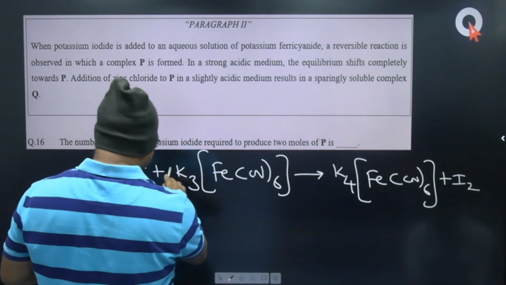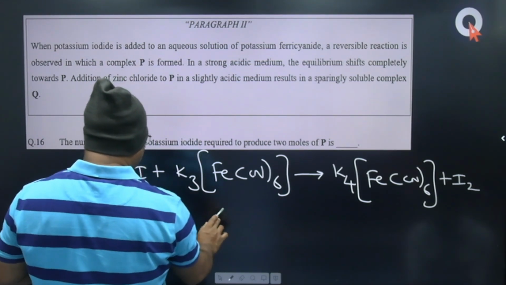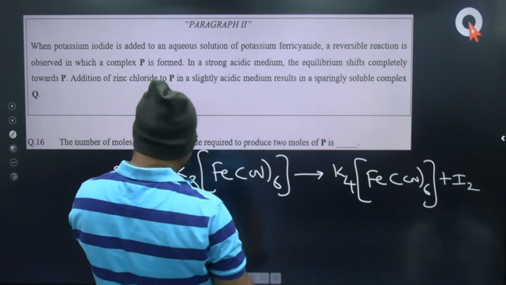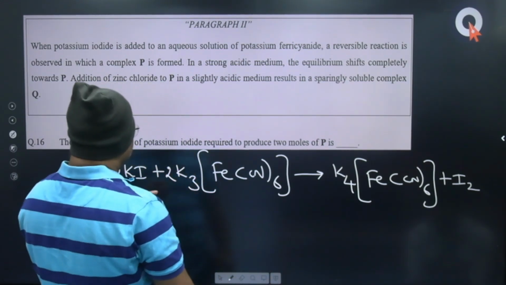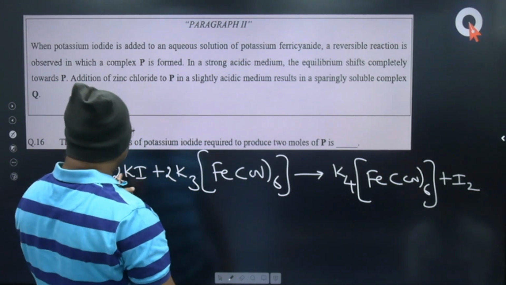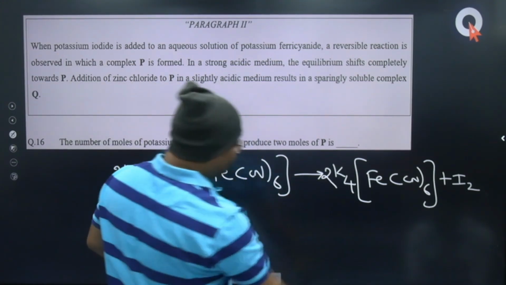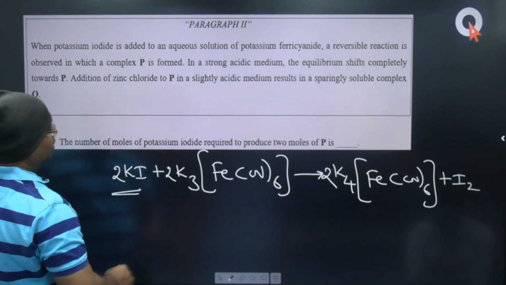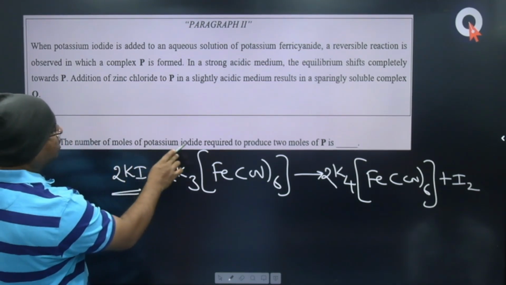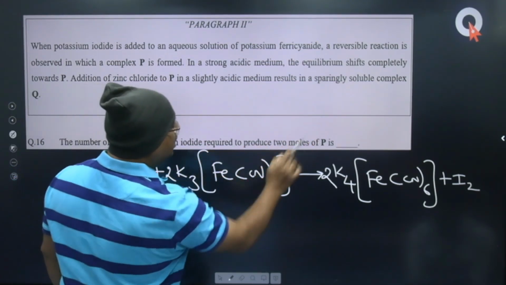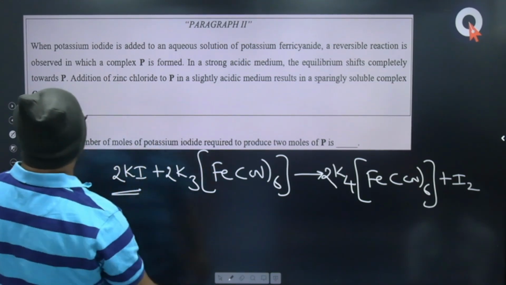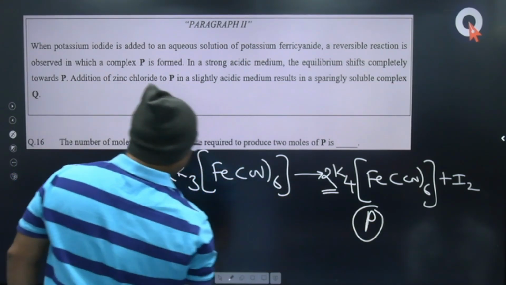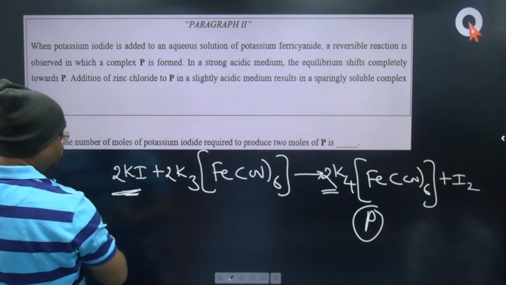This also should become, its N factor was 1, so 1 comes here, 2 comes here. So that this now becomes 6 plus 2, 8, so that it becomes 2. So 2 moles of this. So the number of moles of potassium iodide required to produce 2 moles of P. So what was P is this complex. For 2 moles of the complex to form, 2 moles of KI is required.